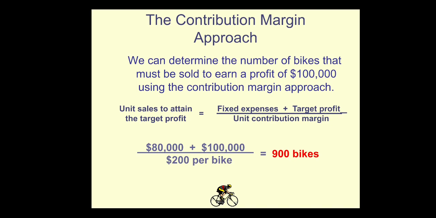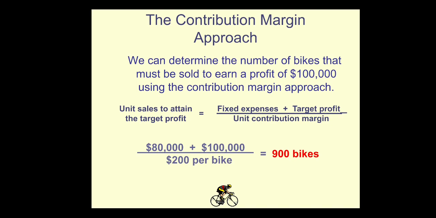If the question asks you to calculate how many dollars of sales the business has to make to achieve the $100,000 profit, then the answer is 900 bikes times $500 price per bike. Then you will get the dollar of sales that the business has to make to achieve the target profit.